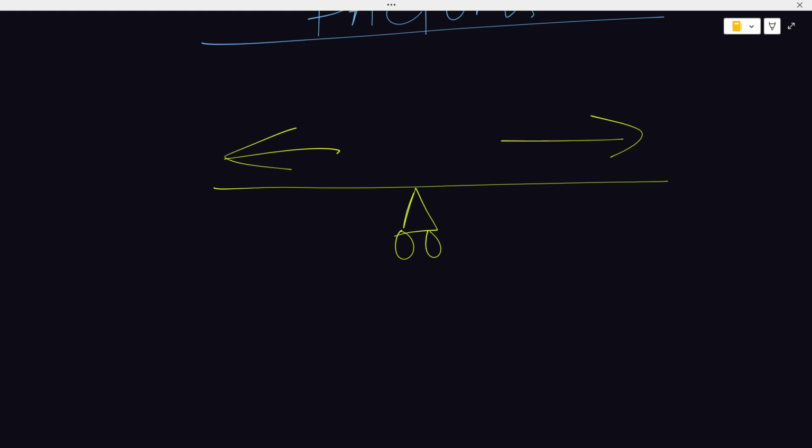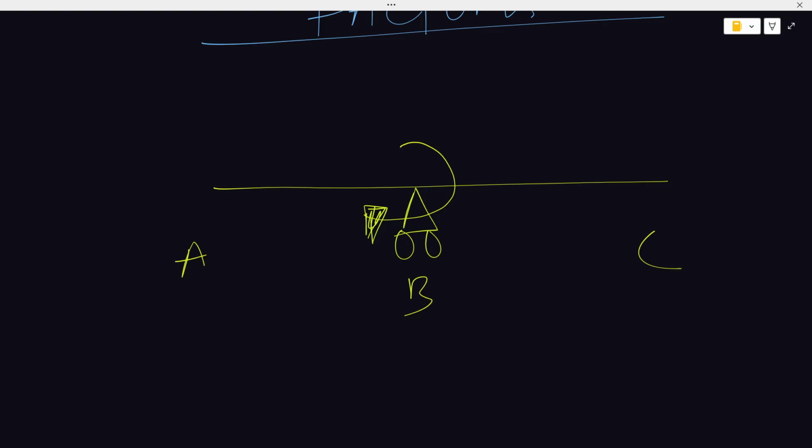Let's say we have this beam. Let's forget all these parts and focus on the joints. Let's say I apply a moment here at B, and this part is A and this is C.